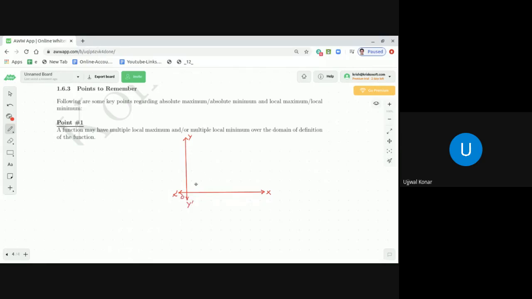Suppose the graphical representation of the function is something like this. Suppose this is the function y equal to f(x).